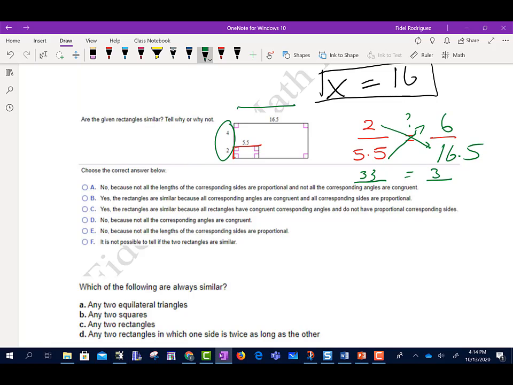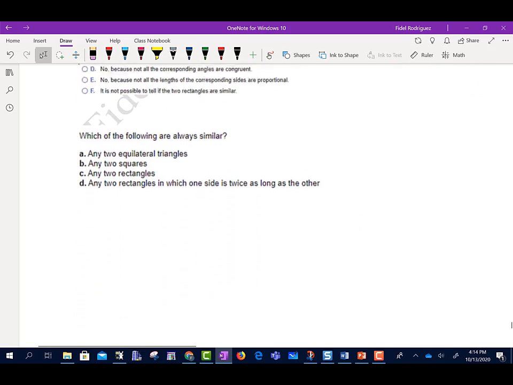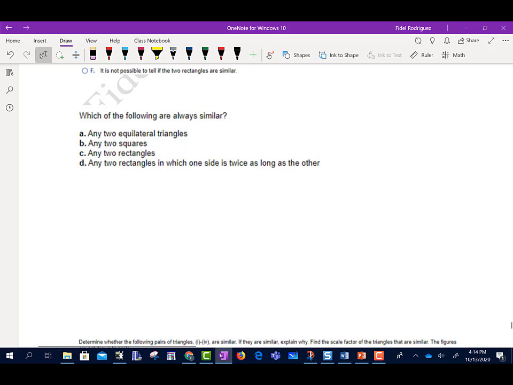And that's also giving me 33. So yes, they are similar, because corresponding angles are congruent and corresponding sides are proportional. So there's my answer.